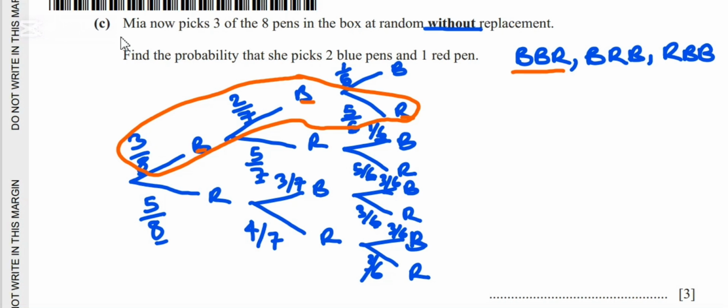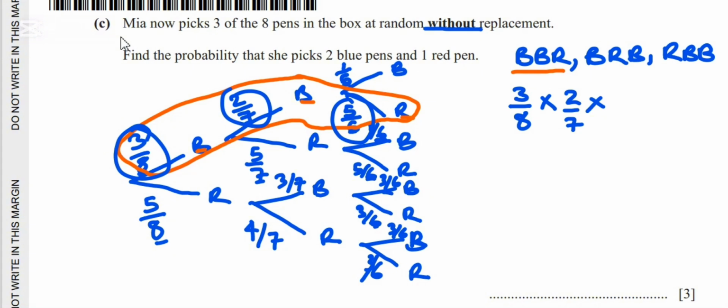So we are going to have 3 over 8, which is this one here, times 2 over 7, times the one for red, 5 over 6. What is different here is just the arrangement. Even if we say BBR, BRB, RBB, the probabilities will be the same.